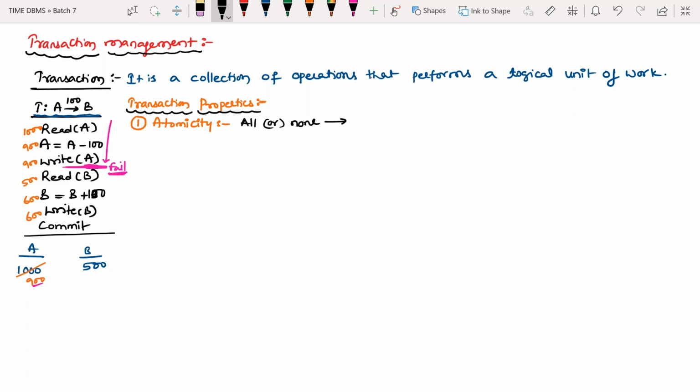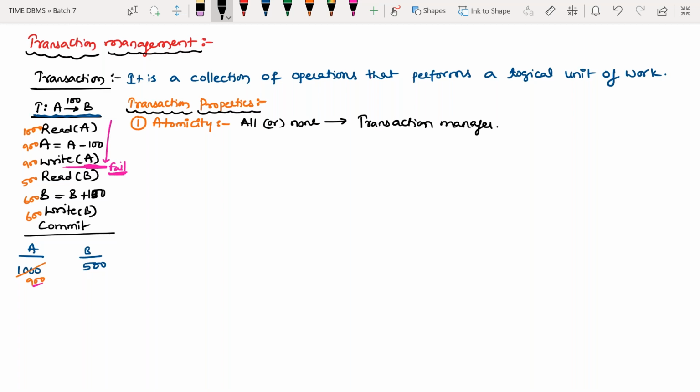This property is verified by the database system component called the transaction manager, which is responsible for verifying whether all or none of the operations of a transaction are executed. If all or none are executed, the transaction manager will not do anything.